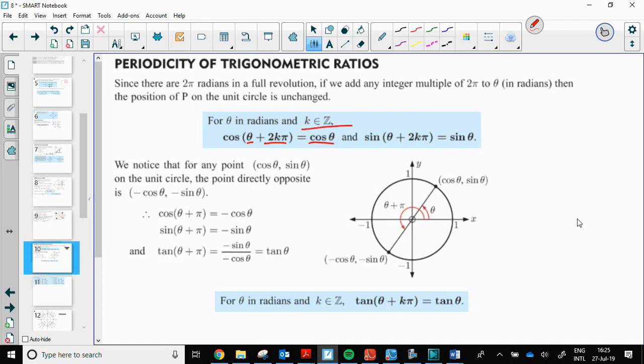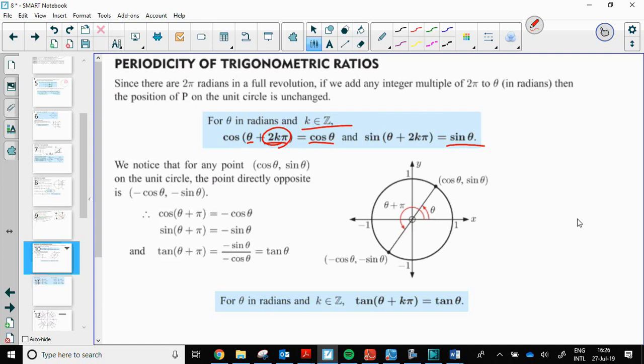So we're either rotating around none of these, or 1. 2 pi is 1 full rotation. 2 full rotations would be 2 times 2 pi, and so on. And we're going to get the exact same value as if we had just done no additional rotations. And same idea here with sine.